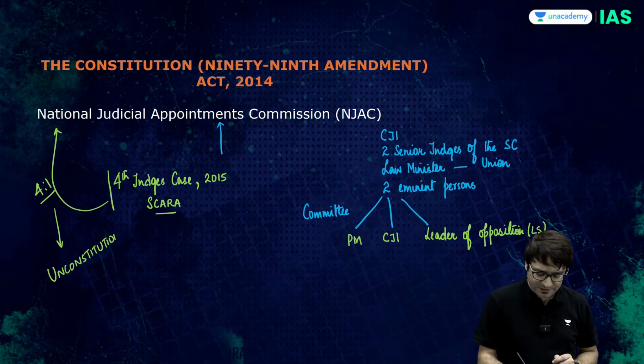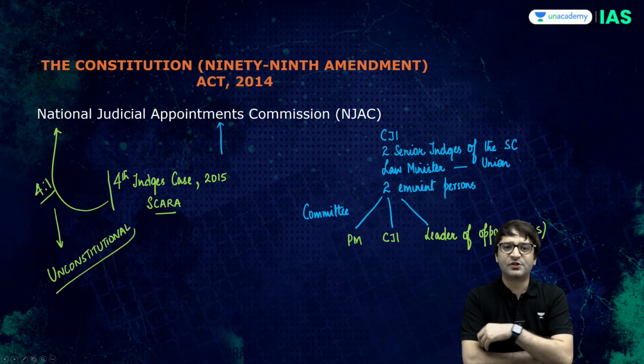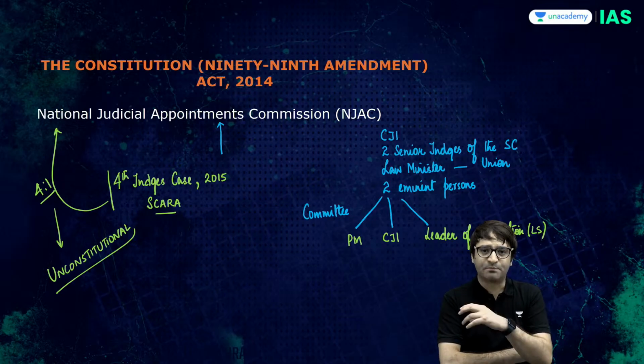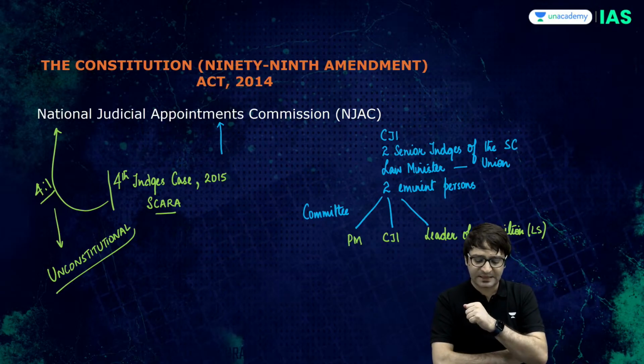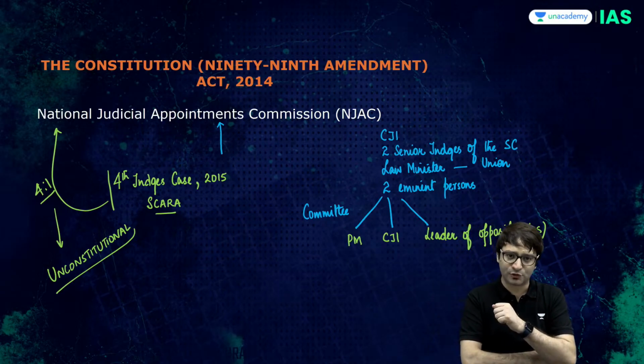Why? Because it violates the basic structure of the Indian Constitution, which is independence of judiciary and primacy of the Chief Justice of India in judicial appointments. It's also part of the basic structure of the Constitution, and that is why this 99th Amendment was declared unconstitutional.